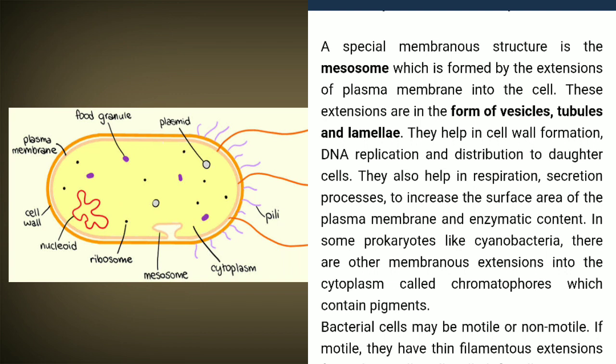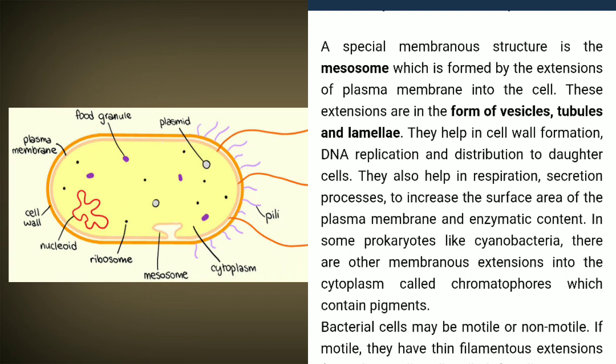Therefore it is said that the special membranous structure is the mesosome, which is formed by extensions of the plasma membrane into the prokaryotic cell. And this structure is in the form of vesicles, which are round shaped structures, or in the form of tubules, which are tube-like structures, or in the lamellar form.